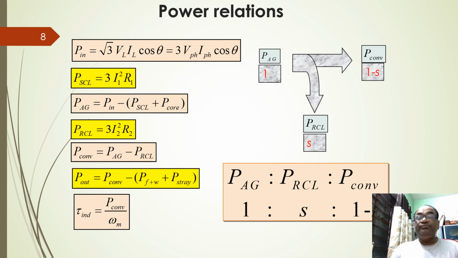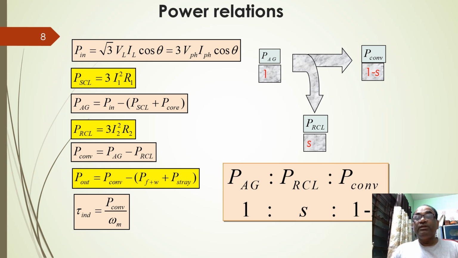If we see, the P AG air gap power is 1, and the amount of power that is conveyed to the shaft is 1 minus S. So if you subtract the decimal value of the slip from 1, you will get the decimal value of the fraction of the complete power being delivered to the shaft.